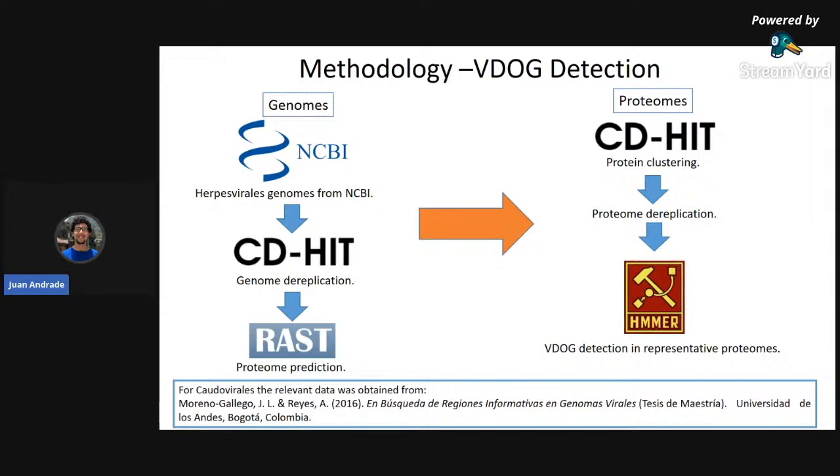And I ended up with a series of representative Herpesvirales proteomes and associated representative Herpesvirales genomes. Having this, to check which VDOGs were harbored by each of these proteomes and by extension genomes, I took all of the proteins from these representative proteomes and did an HMMER search against the VDOG database. And this yielded the information of which VDOGs were present in my whole dataset.